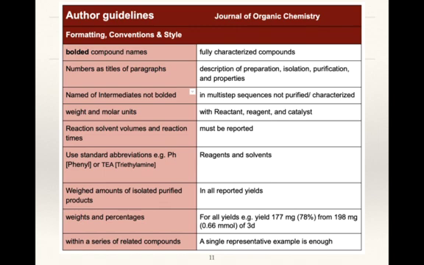Intermediates in multi-step sequences that have not been purified and fully characterized should not have their names bolded. Their preparation and partial characterization should be described as a step in the synthesis of a fully characterized bold-titled compound.